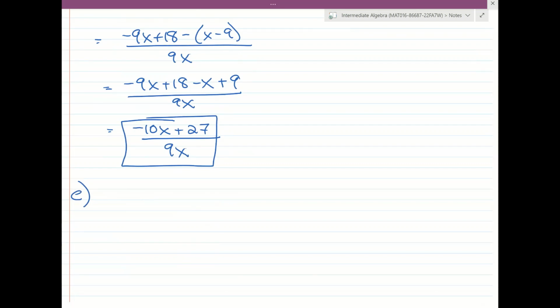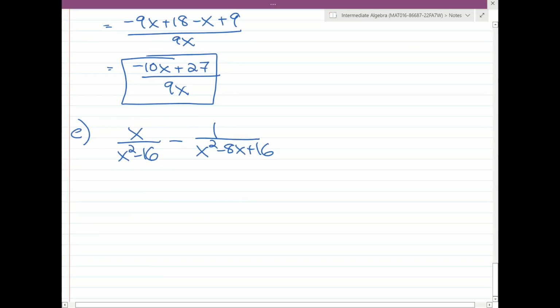All right. Let's try something like this. x divided by x squared minus 16 minus 1 over x squared minus 8x plus 16. What we have to do is first factor, so x minus 4 times x plus 4.